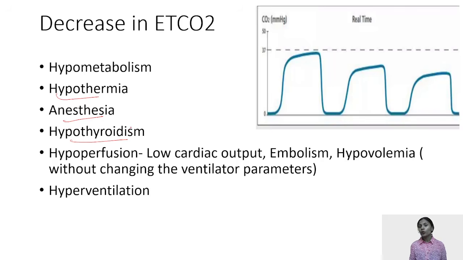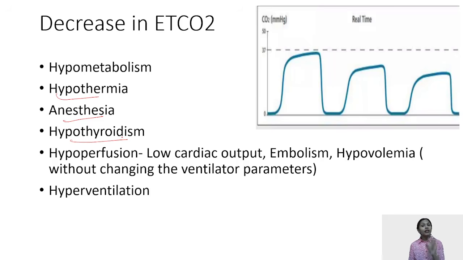I have already told you that circulation is something that brings your CO2 from your tissues to your lung. So if that is compromised, then eventually your ETCO2 is going to decrease. Now this decrease in ETCO2 could be sudden or it could be slow and steady. If it is slow and steady, this means the patient is going into hypotension slowly and steadily.